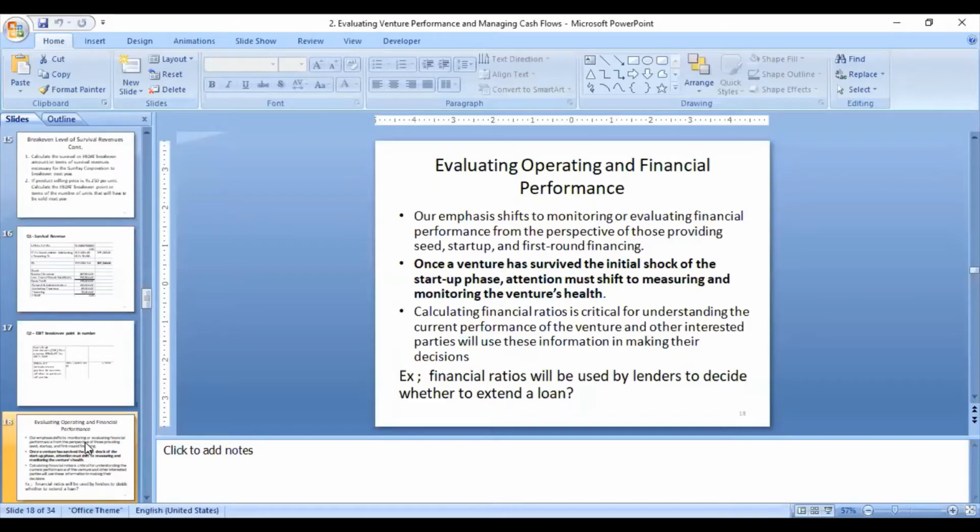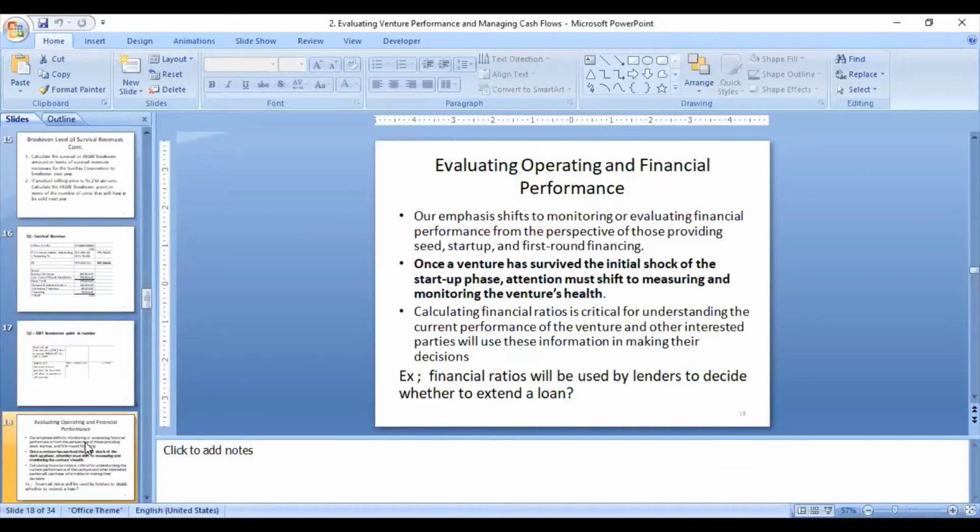So therefore, in addition to preparing, calculating this survival break-even point and these internal operating schedules like inventory schedule, cost of goods sold, revenue schedules, we have to use financial ratios, because these financial ratios are standard. We can provide these ratios or these calculations to the external parties, especially in the first round financing. We can use them to provide some information to the financiers.